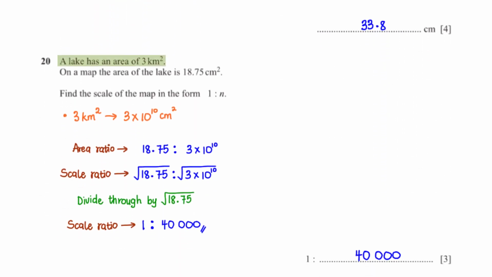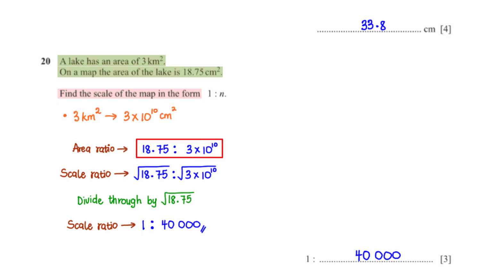A lake has an area of 3 kilometers squared. On a map, the area of the lake is 18.75 centimeters squared. Find the scale of the map in the form 1:n. First, we convert 3 kilometers squared to centimeters squared, which is 3 times 10 raised to the power 10 centimeters squared.